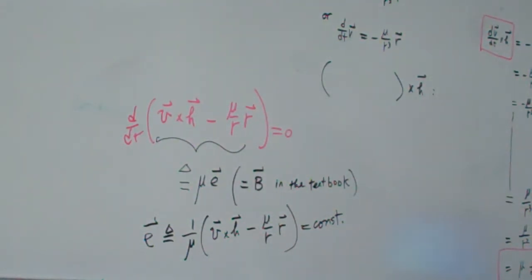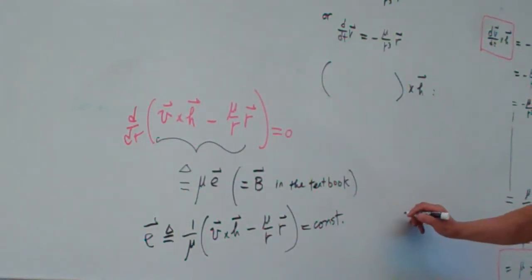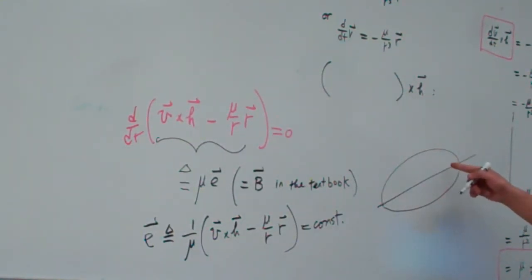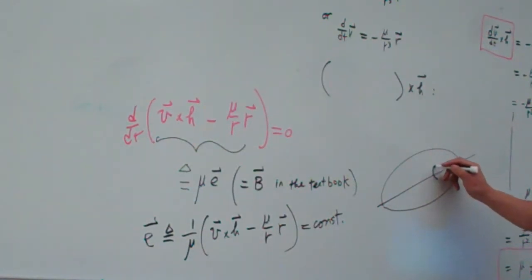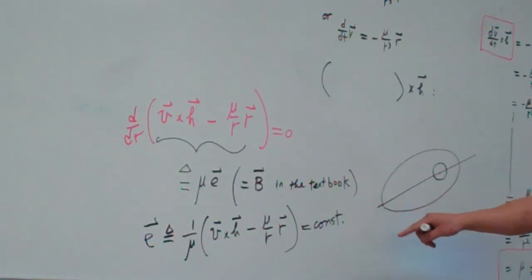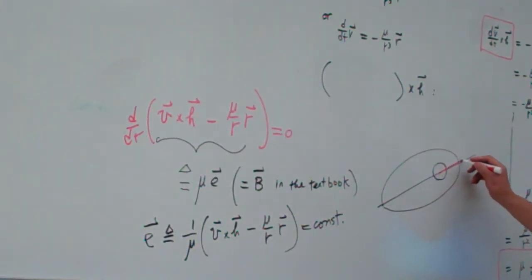The E vector, let me draw this since you have your notes. This is our orbit, and this is the line connecting the two foci. For example, this is the Earth, and this is the center of the Earth. The E vector aligns to these directions. Depending on the orientation, sometimes the E vector points to this direction, sometimes opposite.